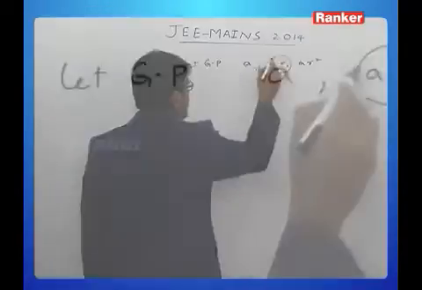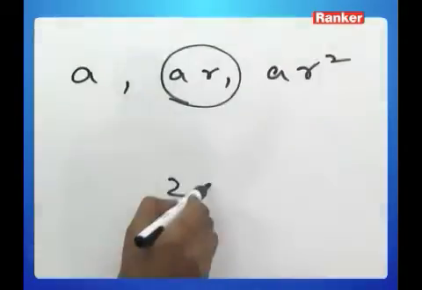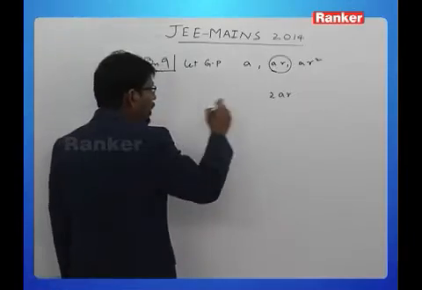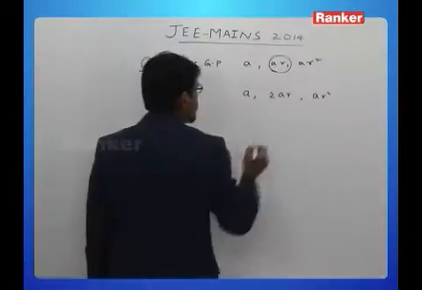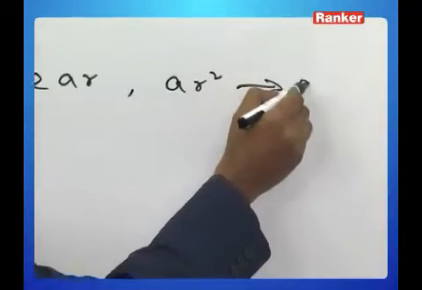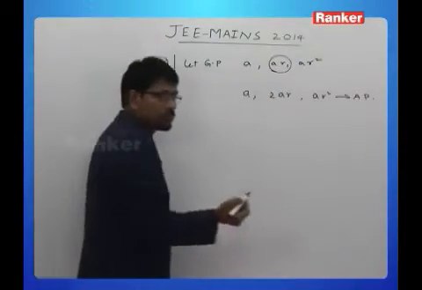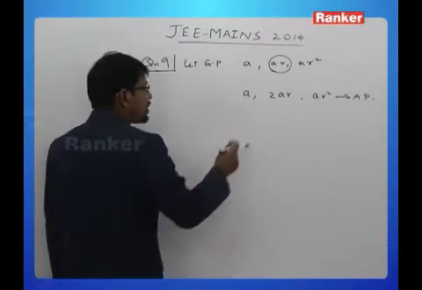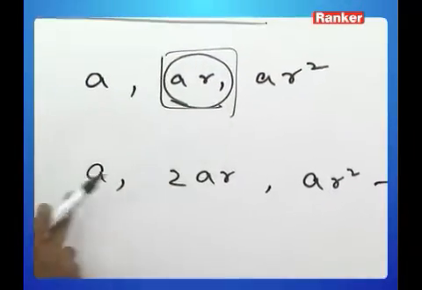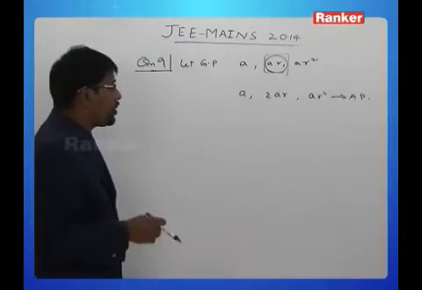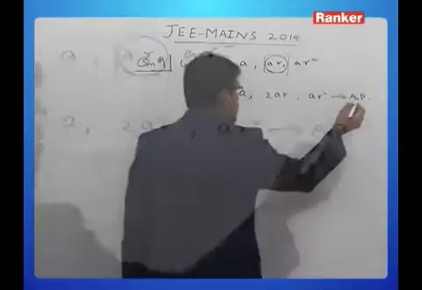It says if the middle term is doubled, so what is it? 2AR, and the new sequence will be A, 2AR, AR square. This, it says, is in AP, which means that when the middle term of the GP is doubled, the resulting sequence will be in arithmetic progression.